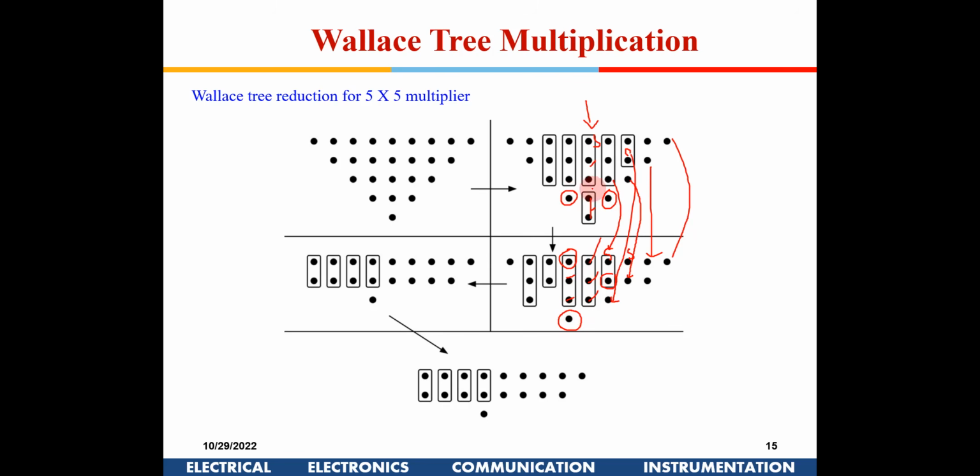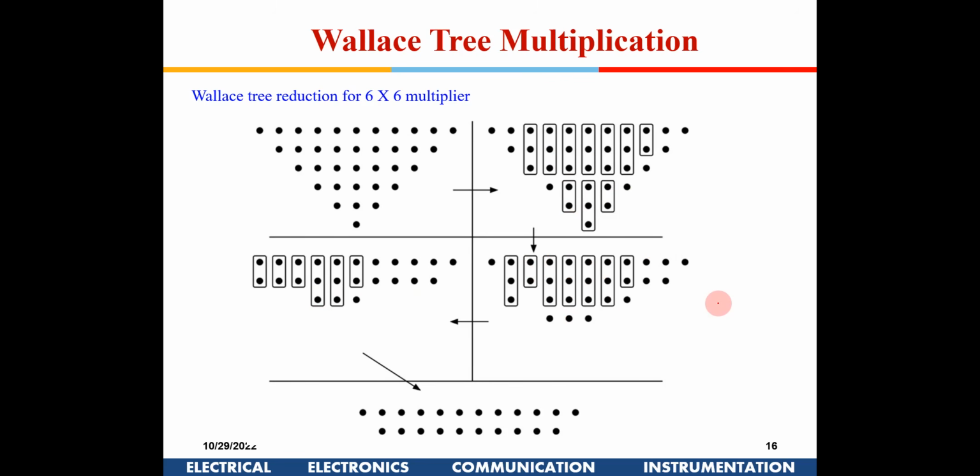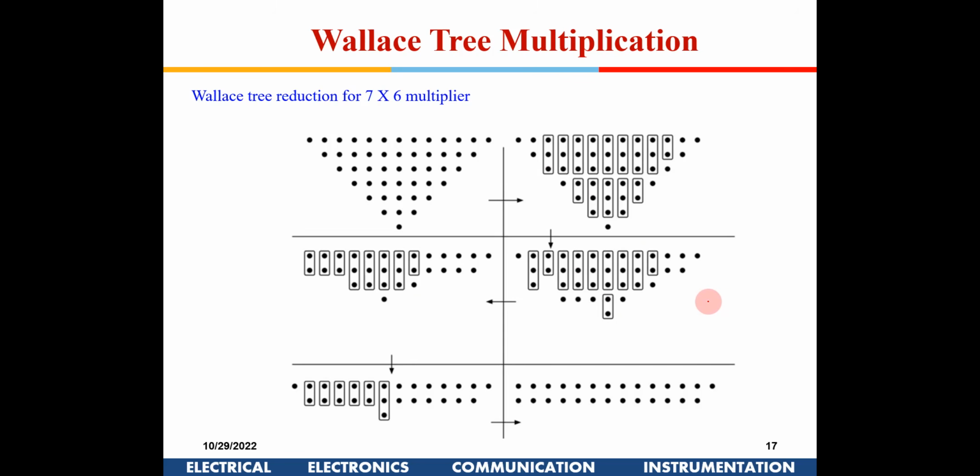Now here there are 3, so there is one sum out here, and there is nothing left here, but in the previous stage there was 1, so that carry is coming here. Now here there are 2, but there is 1 here, so that carry is coming here. So I am putting a full adder. You can try it out for 6 into 6 and 7 into 6 also.